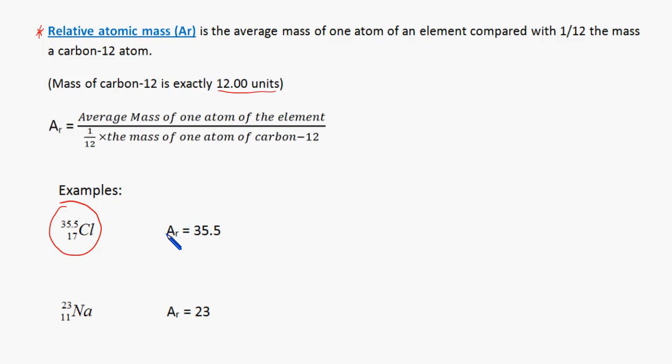So the relative atomic mass for chlorine in this case is 35.5. If we look at sodium, which is 23/11 Na, the mass number is 23. So the relative atomic mass is equal to 23. This information can be found on the periodic table.